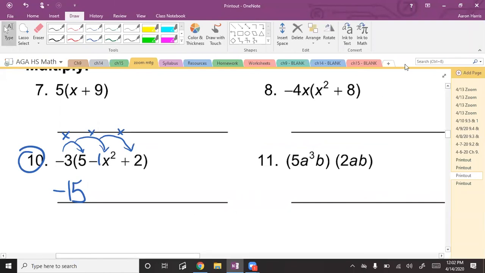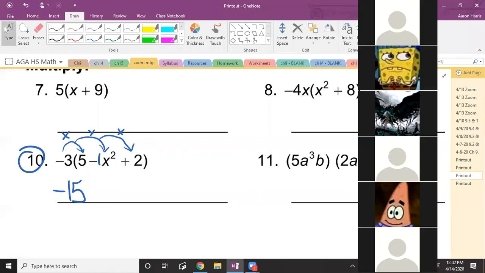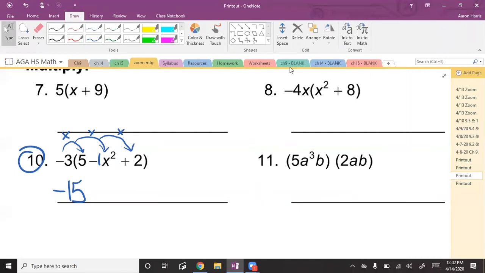You still with me, Henry? Uh-oh. I don't know why you muted yourself. My fault. Henry, can you repeat that? What is -3 times -1? 3. Good. +3. And then I just have to keep x squared, correct? Yeah.